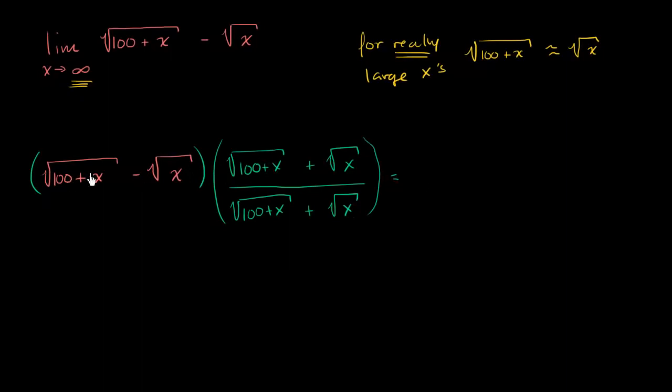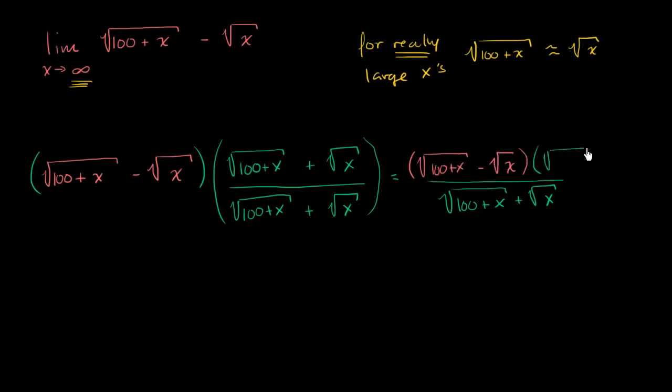So this is going to be equal to, in our denominator, the square root of 100 plus x plus the square root of x. And in our numerator, we have the square root of 100 plus x minus the square root of x, times the square root of 100 plus x plus the square root of x.